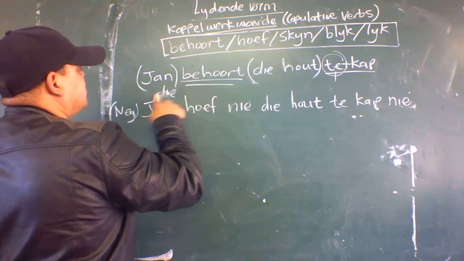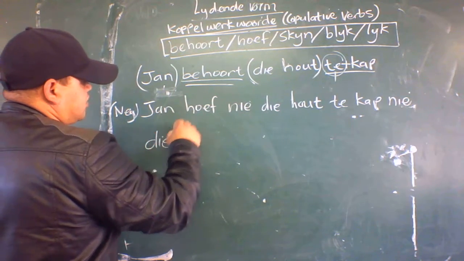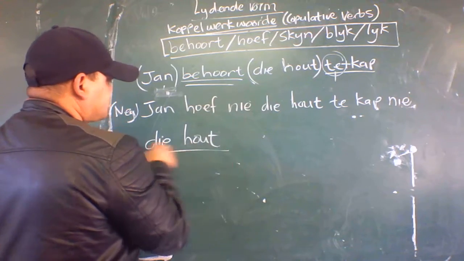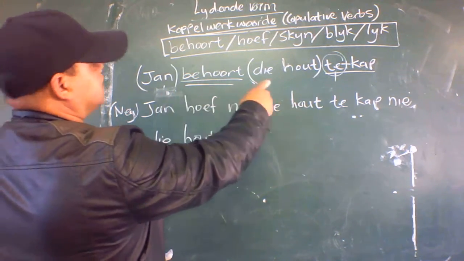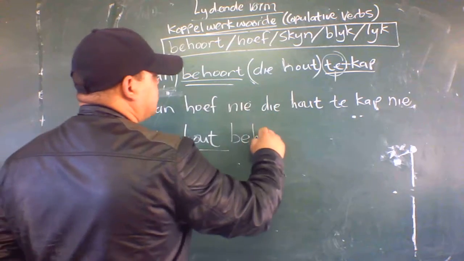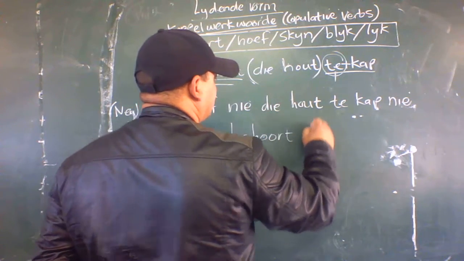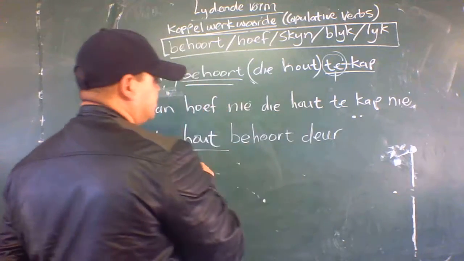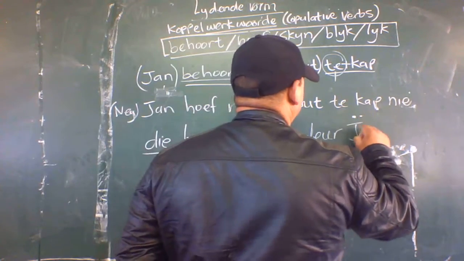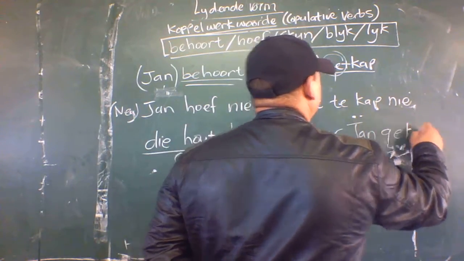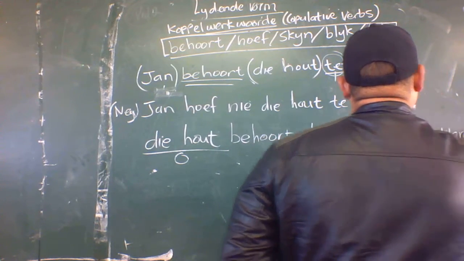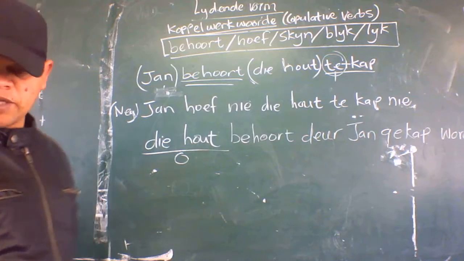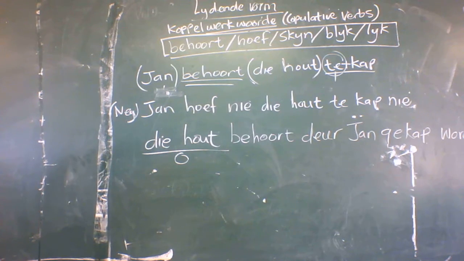Let's start with the hout. The hout, that is our object. Right? Behoort. Hout behoort, and then followed by deur, then our subject, Jan, gekap. Right? Die hout behoort deur Jan gekap te word.